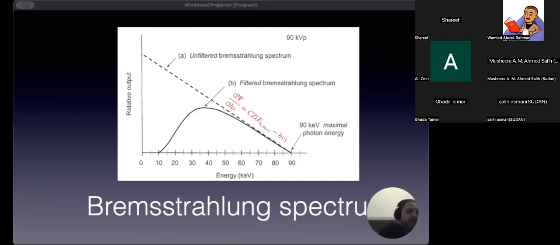Okay, so that's the difference between unfiltered and filtered. Unfiltered is a theoretical fluence density. It's just an energy fluence density following this straight line. Whereas in reality, the beam that comes out will be filtered. Some of these photons will be attenuated.